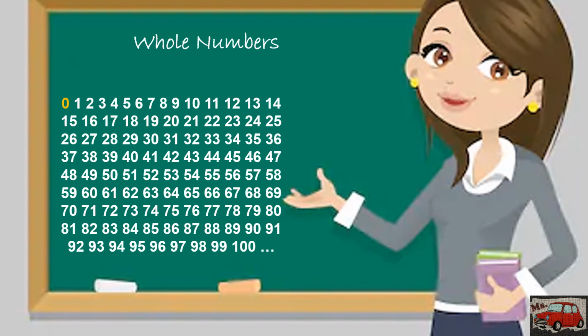Unlike counting numbers, whole numbers start with 0, and then 1, 2, 3, and 4, and so on. So, parehas lang siya ni counting numbers, pero nadagdagan lang ng 0. And yes, 0 is a whole number.